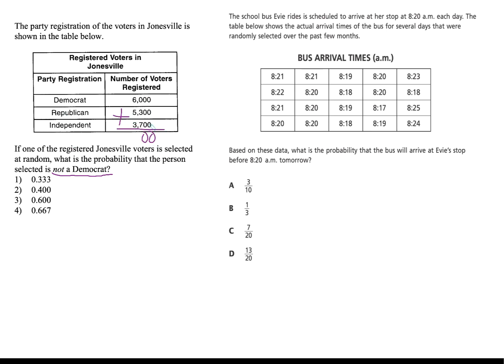So that's 9,000 that this event occurred over, and then we have to get the total. So now I just have to add 6,000 to that, which would give me a total of 15,000.